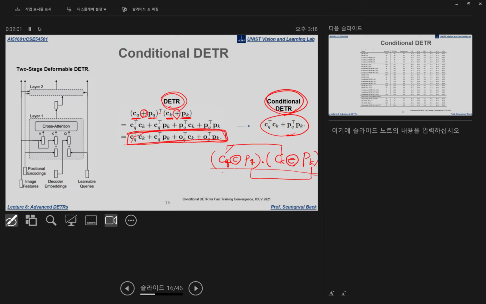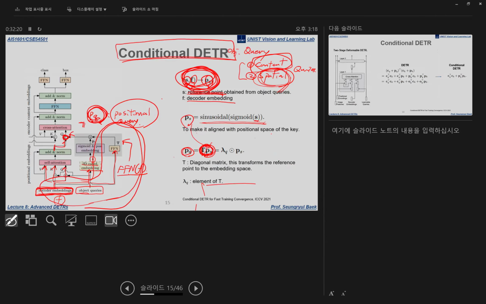Because of that, we can now separate the content information and positional information in the conditional DETR.